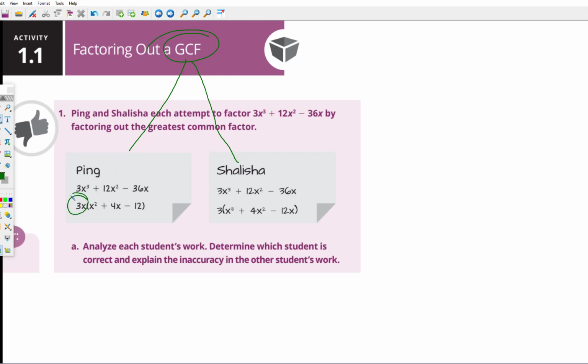So Ping says it's 3x, Shalisha says it's just 3. Do you include the x in your greatest common factor? Yes. So you include the variable. So Ping would be correct? So Ping is correct. That looks so weird.